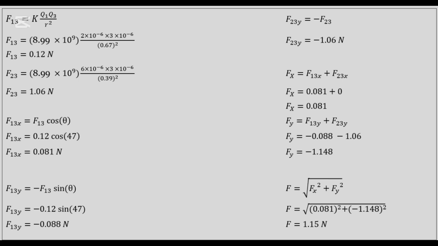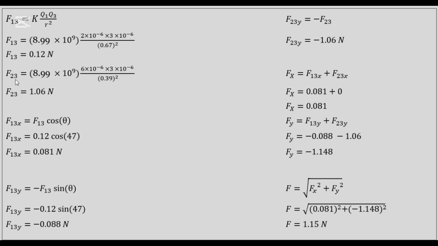So the first part that we will do is find the force F13, which is equal to k q1 q3 over r squared. We will do that, and after that we substitute our values. The k and charges, which were given, we put them into the equation, we compute them, and we get 0.12 newtons.